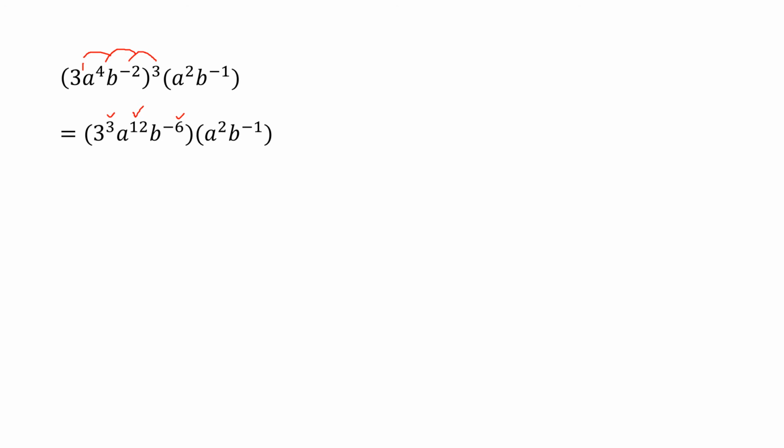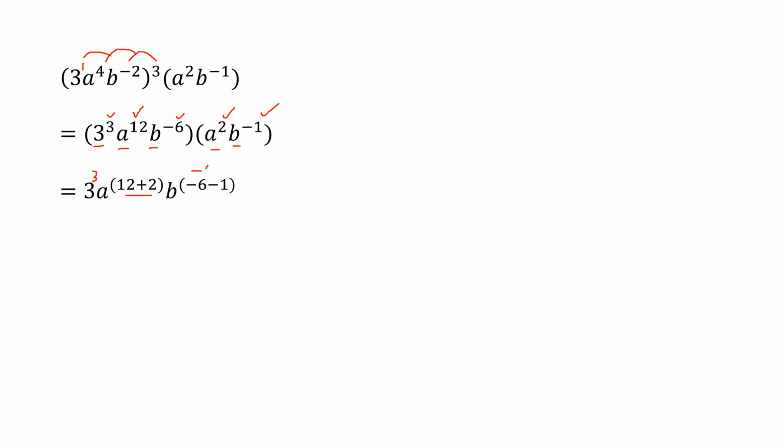Here we don't have a number, so 3 power 3 will be written as it is. Oops, I forgot to write the 3 power exponent 3. A will be multiplied with a, so the exponents will be added, 12 plus 2. B will be multiplied with b, so the exponents will be added, minus 6 plus minus 1.